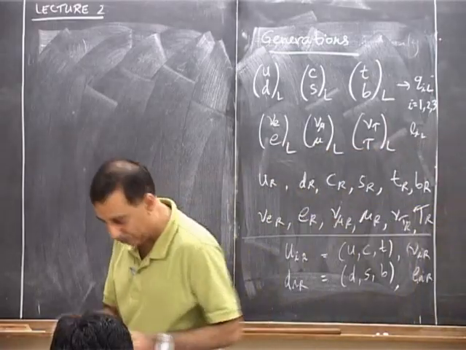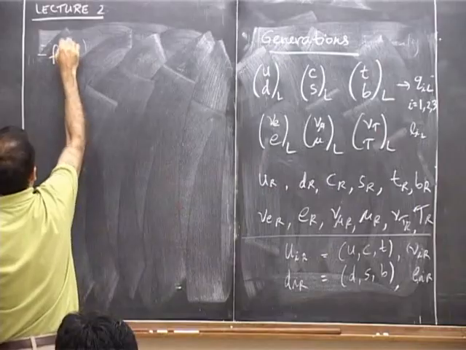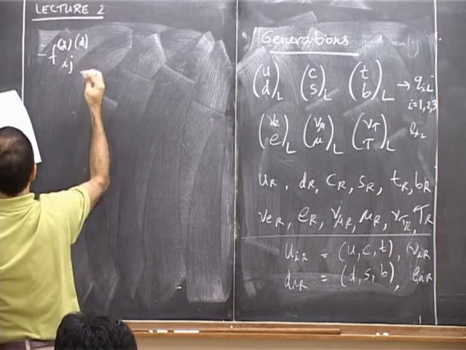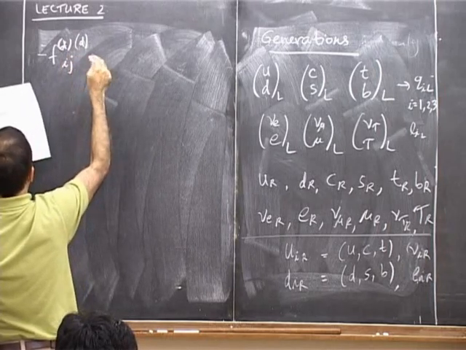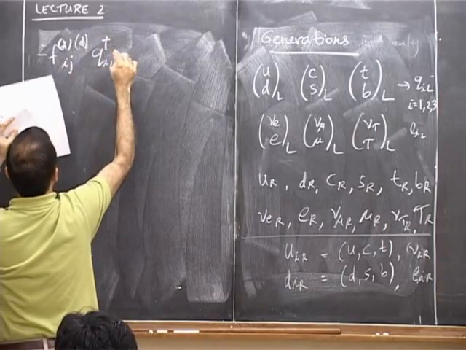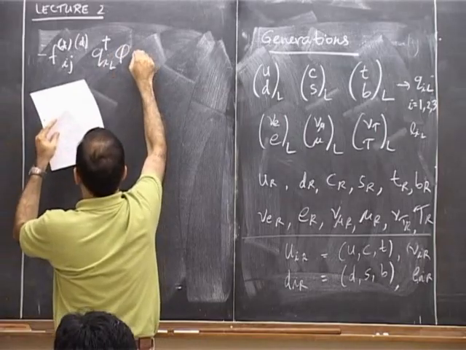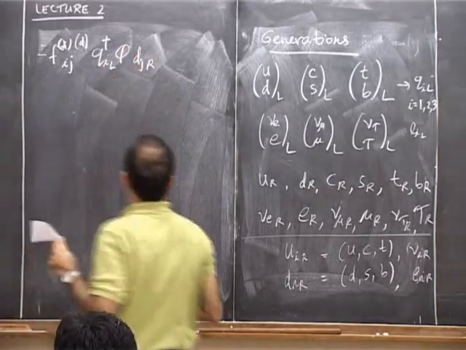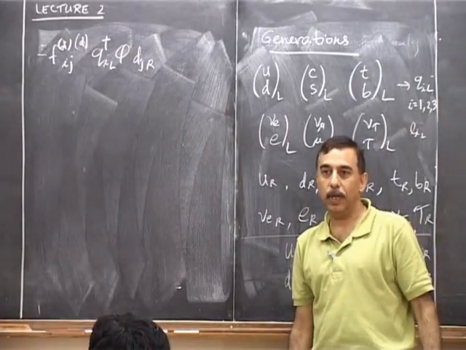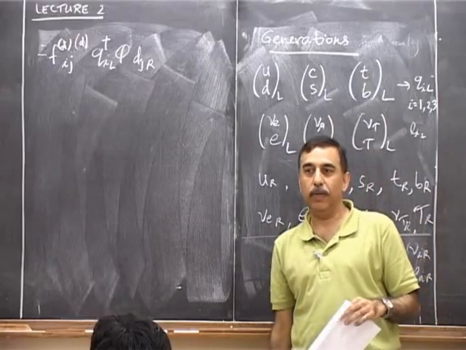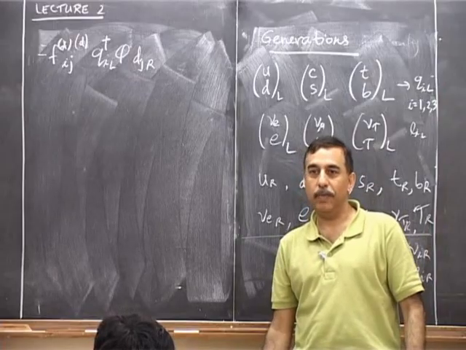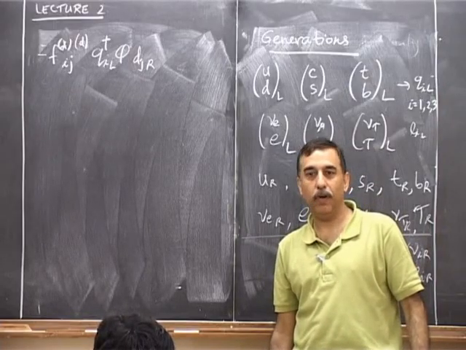So, in a generalization of the Yukawa couplings I've already written, I'll write minus F star down type with lower indices i and j times the left quark doublet with this i and the right quark with the j, and nobody says that F_ij has to be diagonal in small i and small j. If it was, that would mean that the masses are there only within generations, but that exactly is not the case, and the first experimental indication for that came long ago, and it involved what?